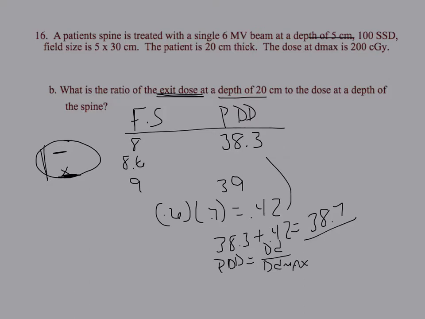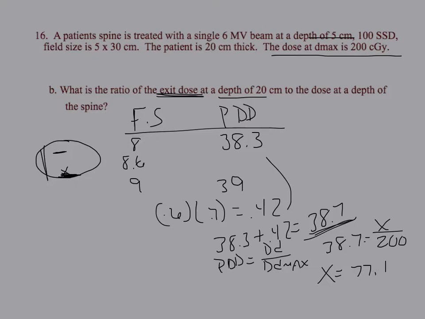I know what my percentage depth dose is, it's right here, 38.7. I don't know what my dose is at this depth, but I do know that my Dmax is 200, because I said the dose at Dmax is 200, so x over 200. When you do the math for that, the dose at this depth of the spine should be 77.1.